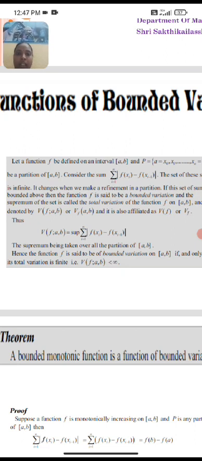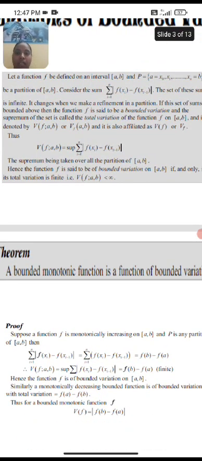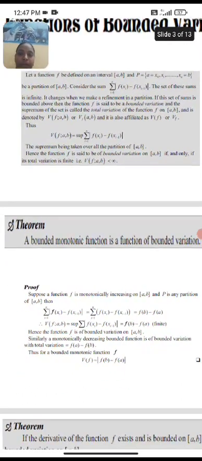Thus Vf[a, b] equals the supremum of summation i equal to 1 to n of modulus of f(xi) minus f(xi-1). Hence, the function f is said to be of bounded variation on [a, b] if and only if its total variation is finite, V(f)[a, b] less than infinity.